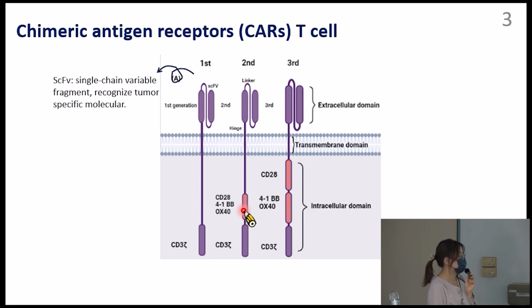But in all these different generations of CAR T, the concept is that the extracellular domain is used to recognize the specific antigen on the tumor cell surface, and the intracellular domain is used to activate the T cell. So when the extracellular domain of the CAR T cell binds to the tumor cell, it can activate the T cell to do cytotoxicity and kill the tumor cell.